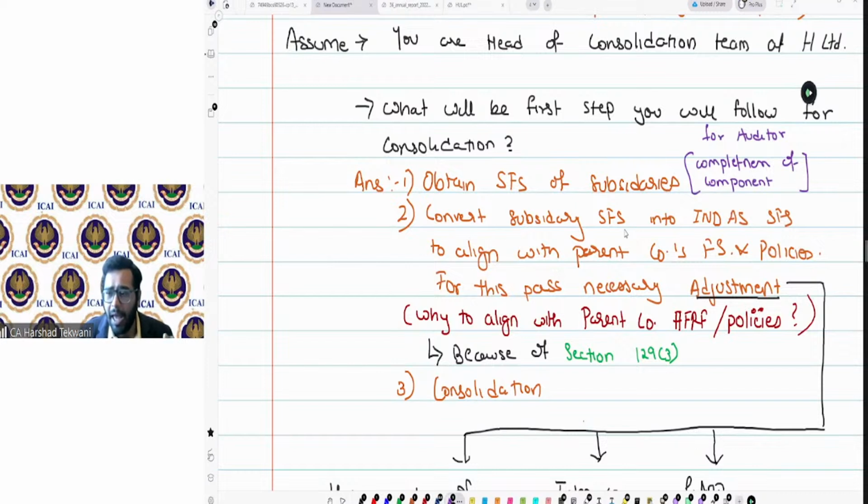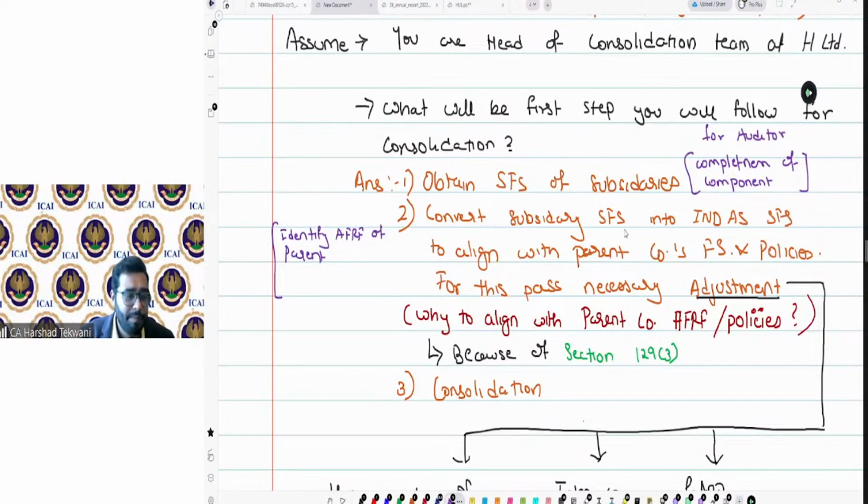For that, I need to first identify the applicable financial reporting framework of the parent, because I may be the auditor of the parent, or I may not be the auditor of the parent, but I may be the principal auditor.